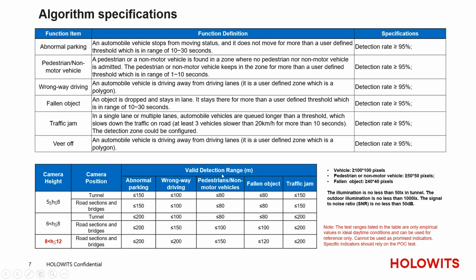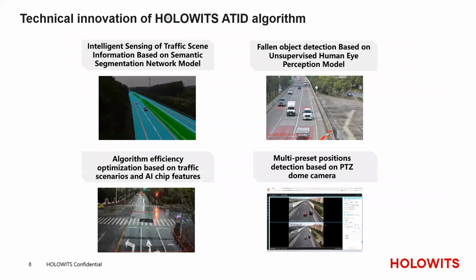This is usually how you install the cameras. You can check our slides or the datasheet of the ATID documentation on our website. This is the technical innovation of the HOLOWITS ATID algorithms, like intelligent sensing of traffic scene information based on the semantic segmentation network model.